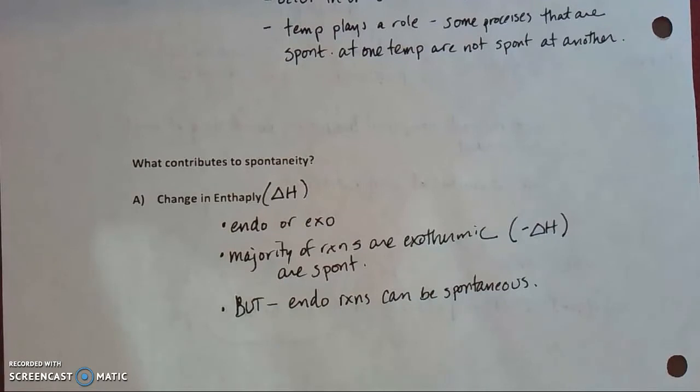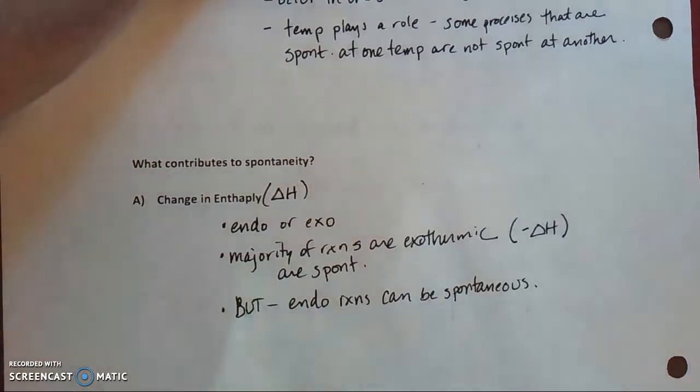But there are some endothermic reactions that can be spontaneous, so they have to take in energy, but it does it automatically. And that's kind of one of those, okay, there has to be something else that is in effect, along with the change in enthalpy, that can cause a reaction to become spontaneous.